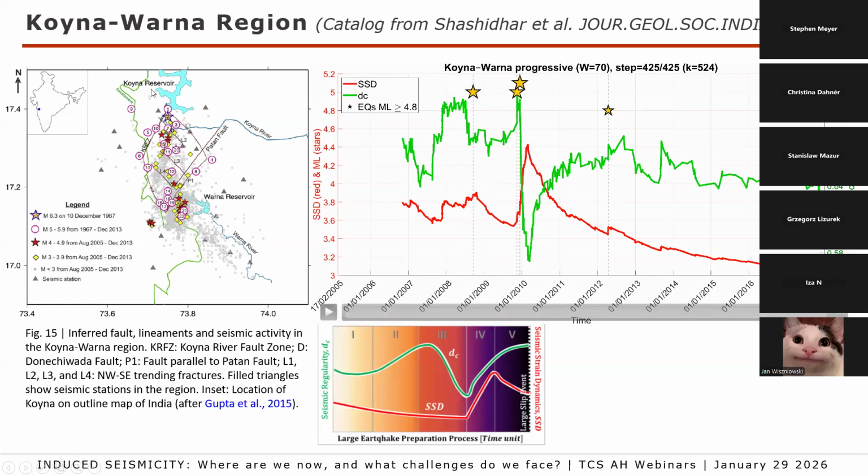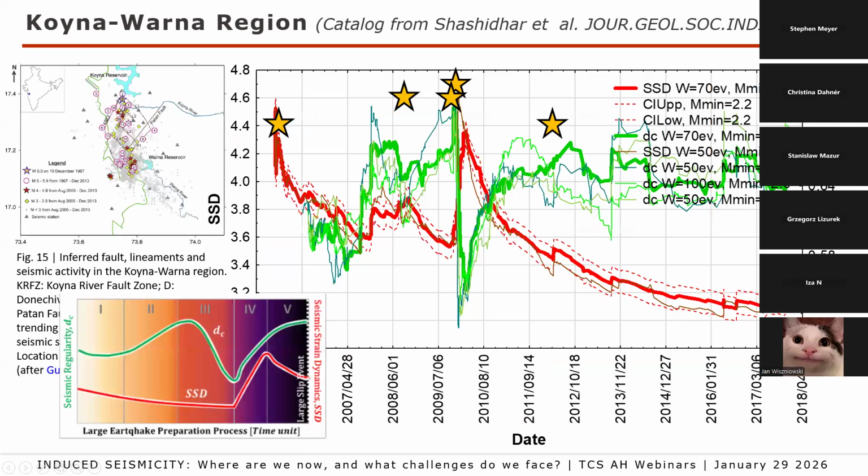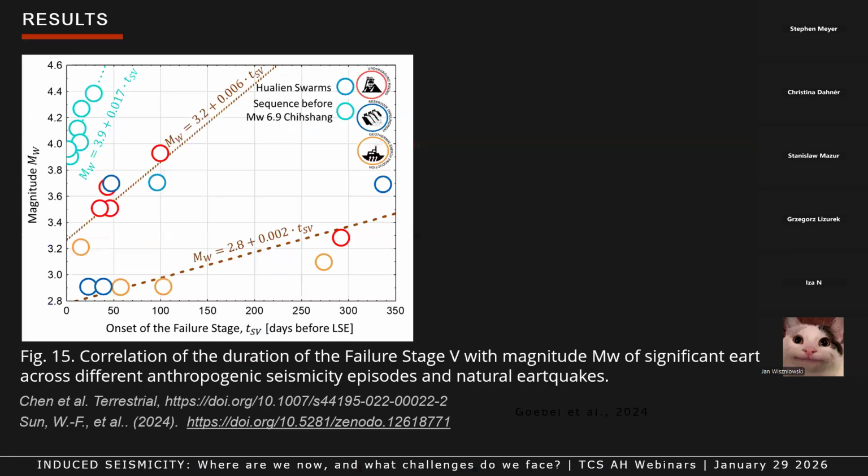And what is interesting, the first earthquake here occurred in the Koyna reservoir area, and the next three occurred in the region of Warna. And these first three earthquakes were related to very fast reservoir impoundment. But the last one occurred when the reservoir was filled and the loading conditions were stable and did not change in time.